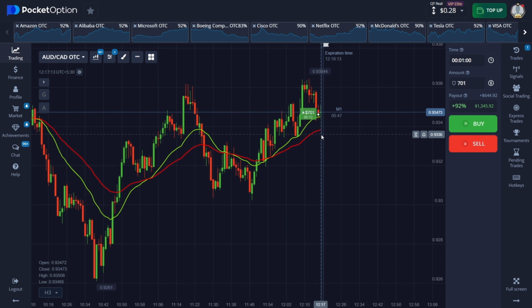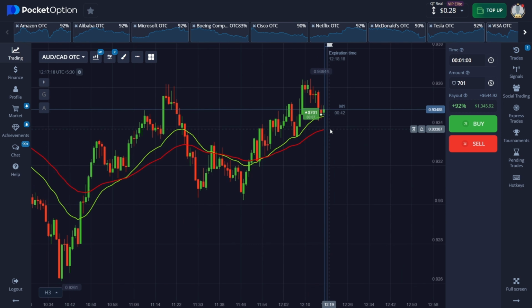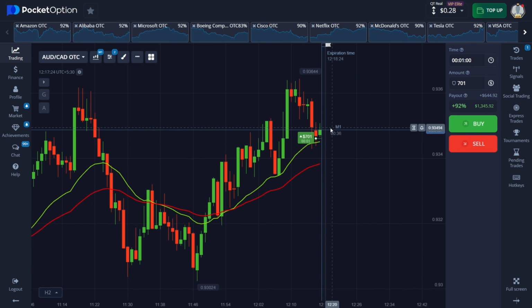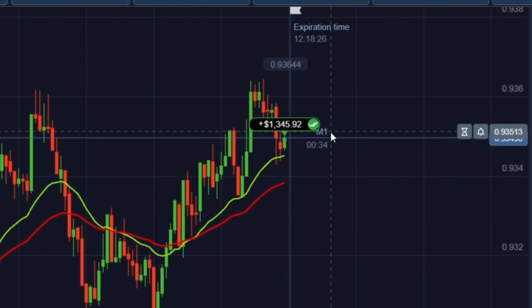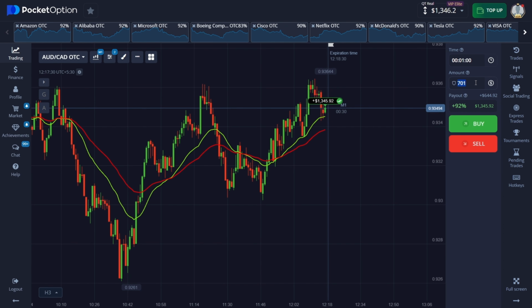Currently, our trade is going in our favor, but there are still 10 seconds left. Alright, just a few seconds left and we won another trade. My balance has turned into $1,346. So let's find a trade for $1,346.